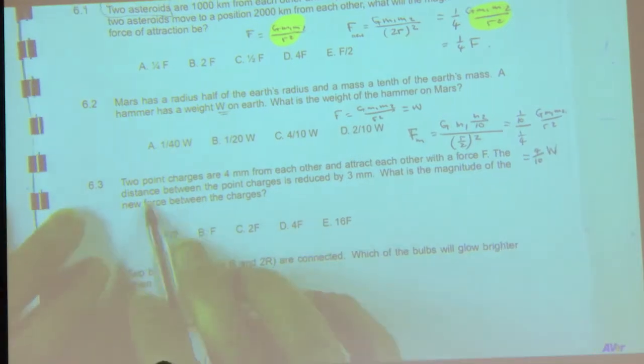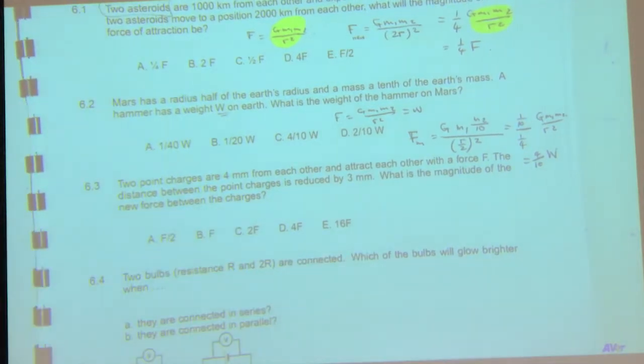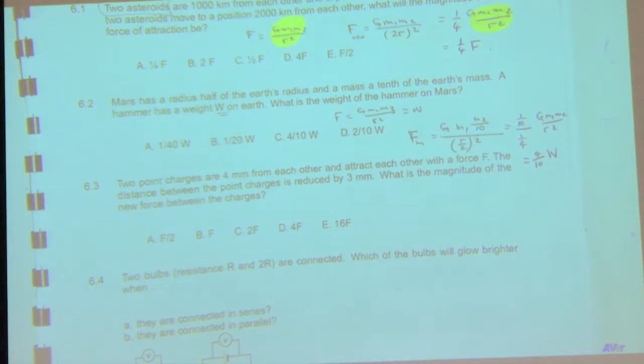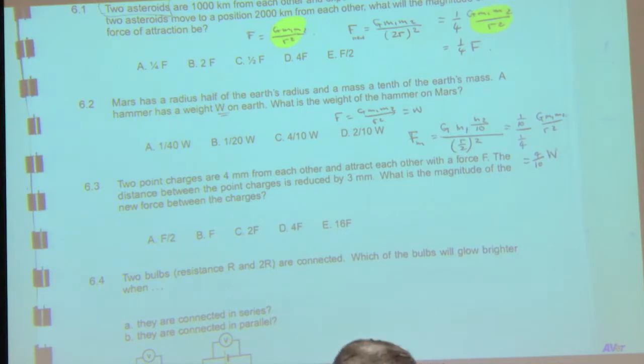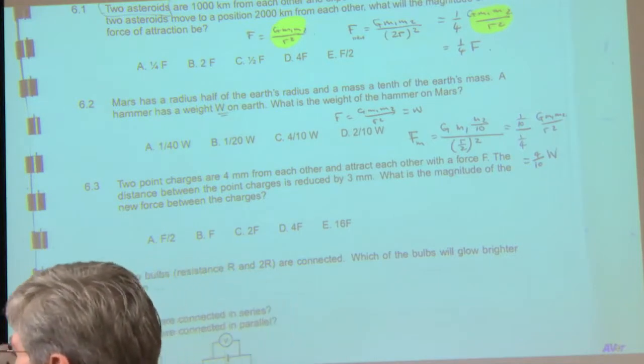Right, next one. 2 point charges. See if you can do number 6.3. If you finish with 6.3, go on to 6.4.